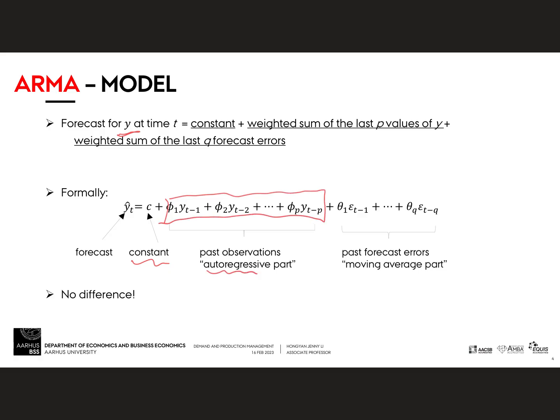Here we call it autoregressive. So basically we assume your forecast directly depends on several past periods' realized data. The moving average part here is mainly related to forecasting errors.